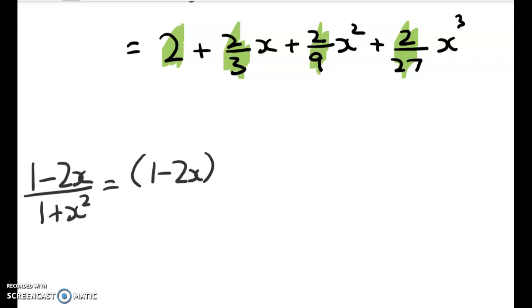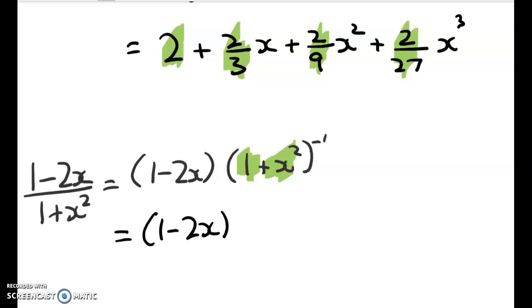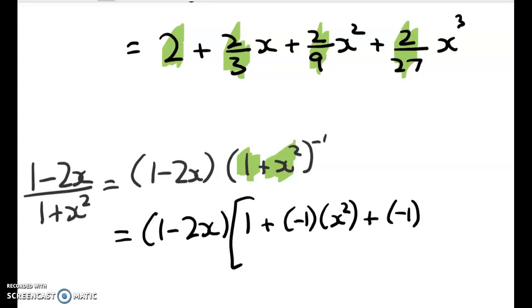It's (1 minus 2x) times (1 plus x squared) to the power of negative 1. The good thing about this is that this is already in the form that I want for my binomial expansion. So this is equal to (1 minus 2x) times (1 plus nx, so negative 1 times x squared). Remember, I've got to go as far as the cubic thing.